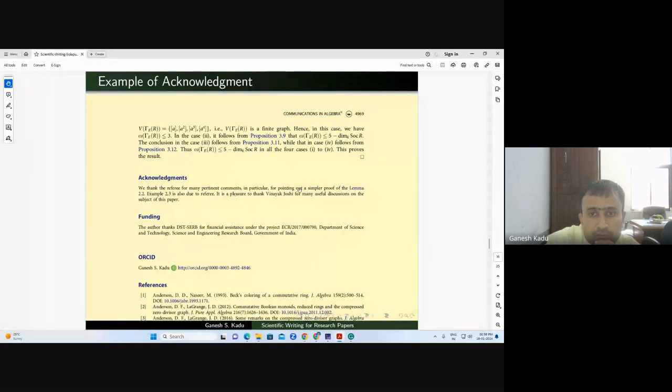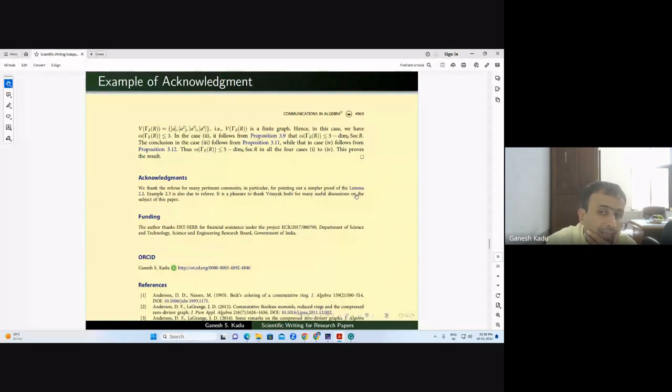Okay, and then here in the paper I've also thanked one of my colleagues, Vinayak Joshi, for many useful discussions, because often when you're working on your problem, you tend to discuss with your friends, your colleagues, or experts in the field. You write an email, they give you some guidelines. You work on this paper, they give you some pointers.